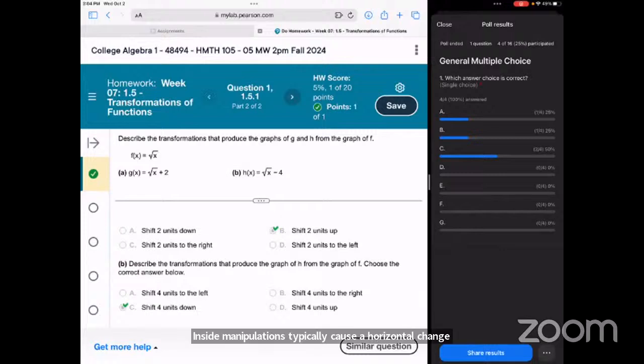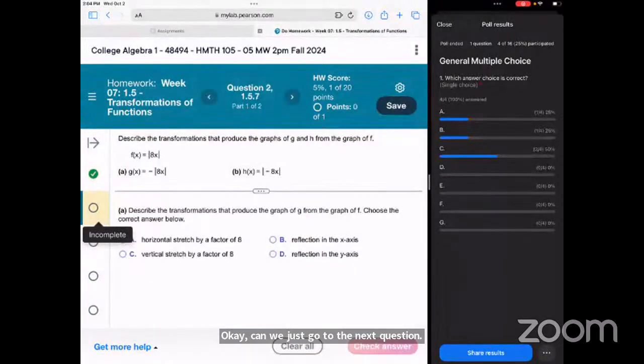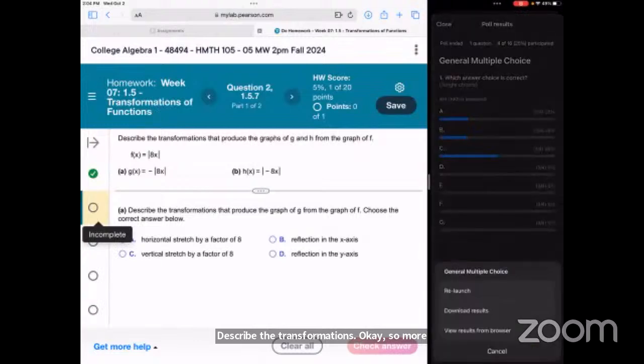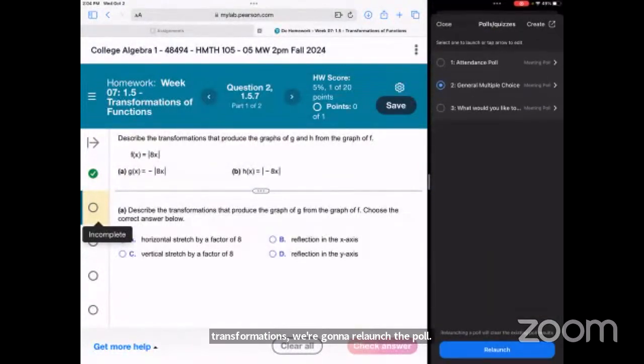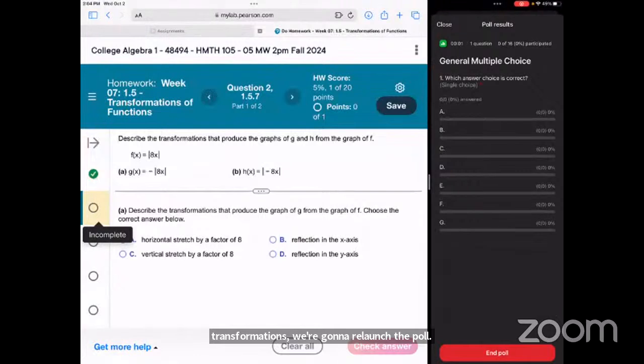Okay. Can we just go to the next question? Describe the transformations. Okay, so more transformations. We're going to relaunch the poll. So our parent function is really absolute value of x, but our original function is absolute value of 8x. So for part A, if we multiply the outside by a negative, how is that going to affect the graph?